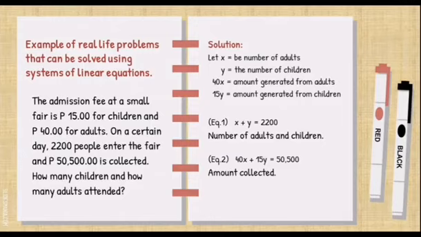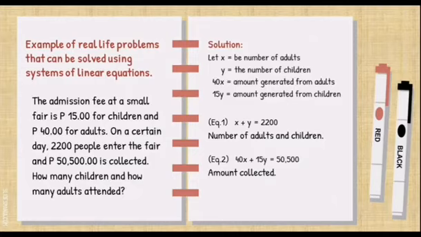How many children and how many adults attended? Solution. Let X be the number of adults, Y be the number of children, 40X be the amount generated from adults, and 15Y be the amount generated from children.